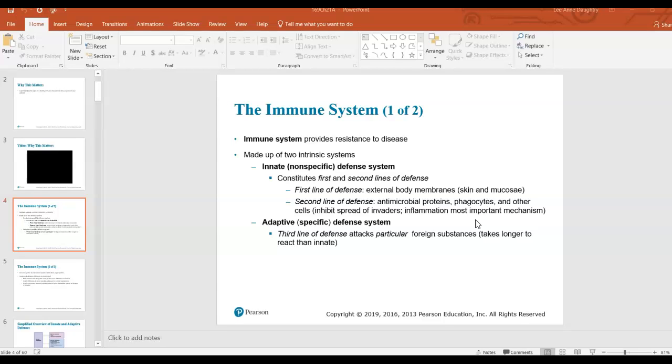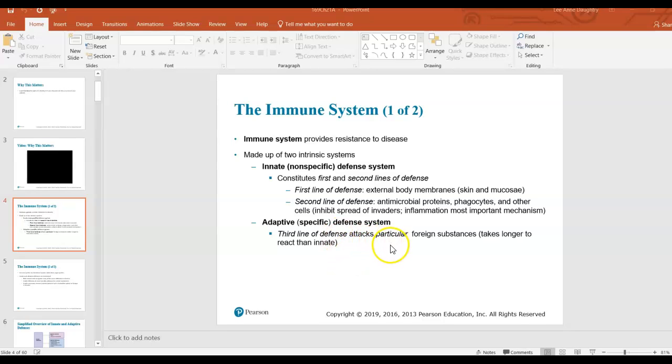The inflammatory reaction, the cardinal signs of inflammation, you may know those: redness, heat, swelling, and pain. Those are all part of the innate defense system, and the innate defense system prevents a lot of disease and infection. But then sometimes we need a third line of defense, and that is the adaptive or specific defense system.